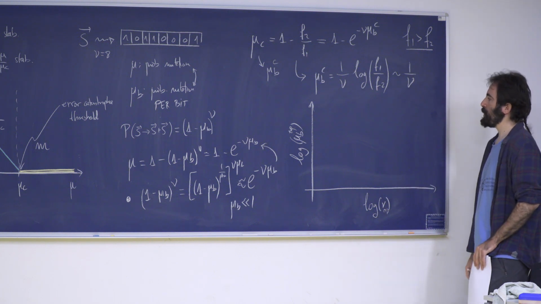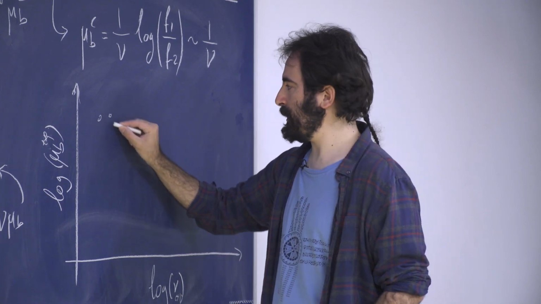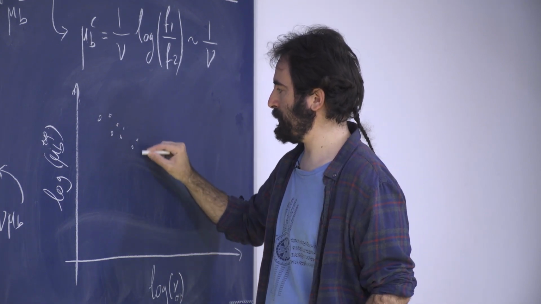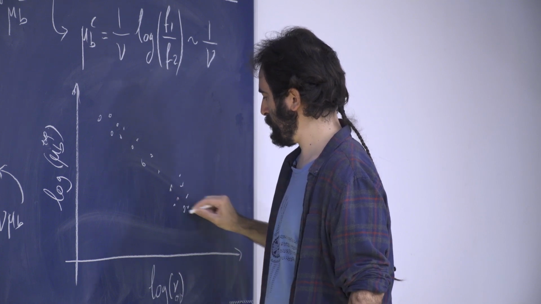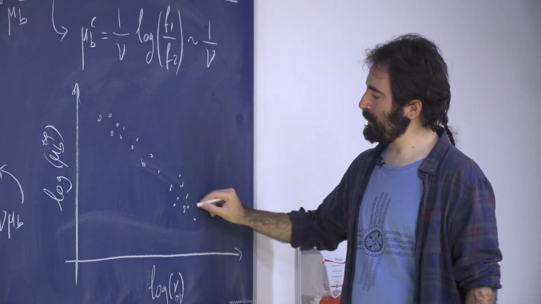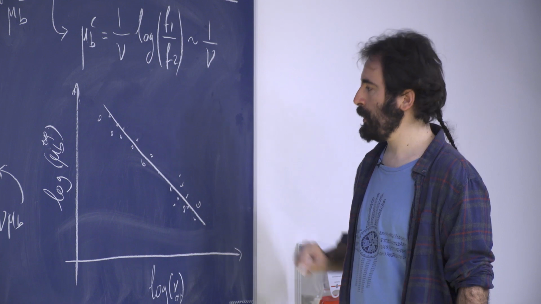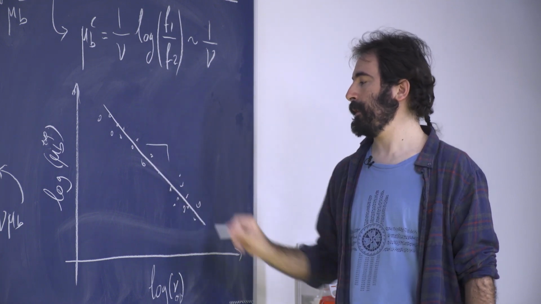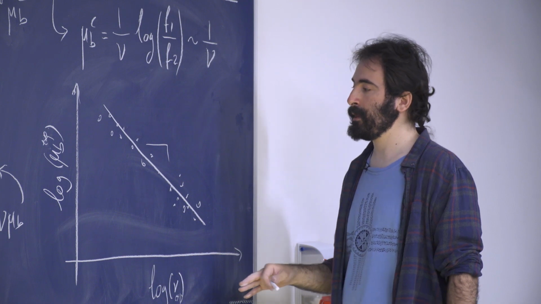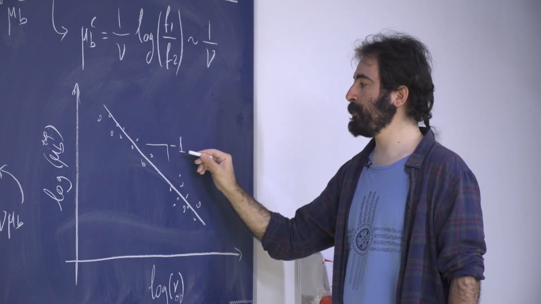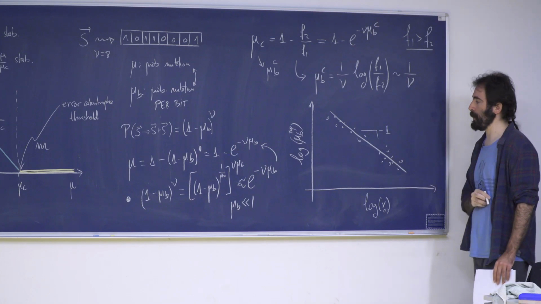Great, and people started doing that, and they saw that they followed a trend. You could find this in different sources, right? But the trend basically said that this was following in log-log scale a line that was going downhill like this with a slope that was very close to -1.